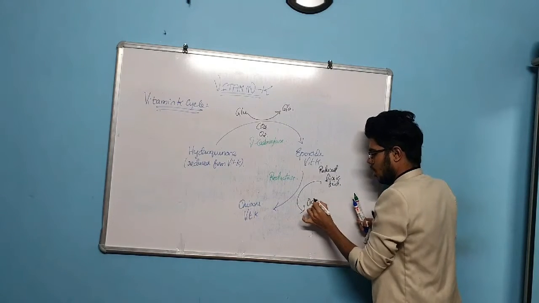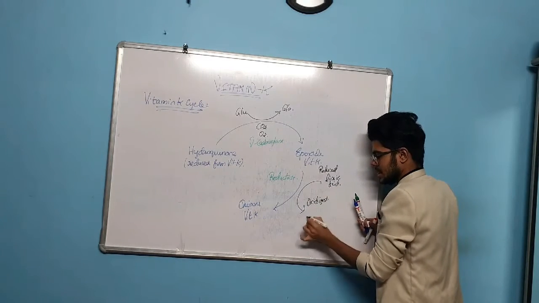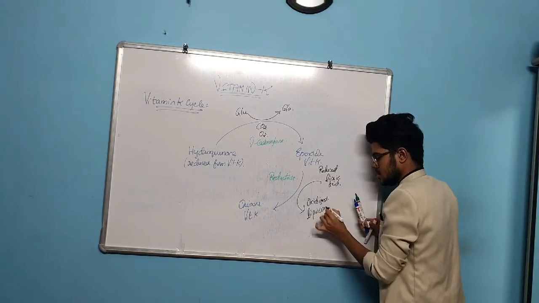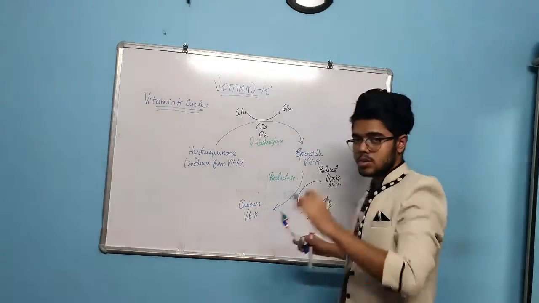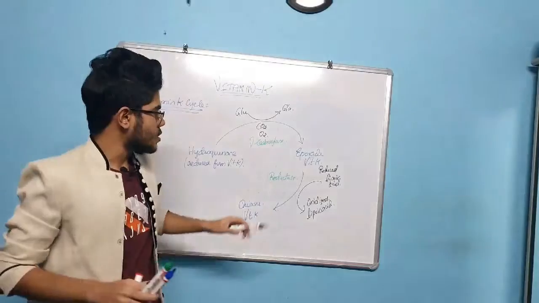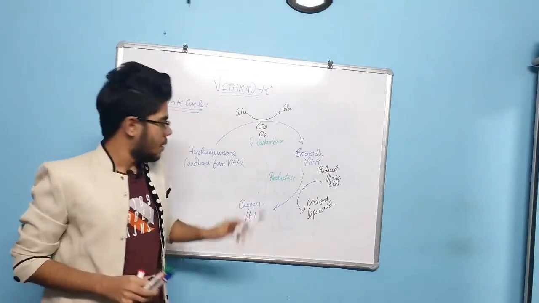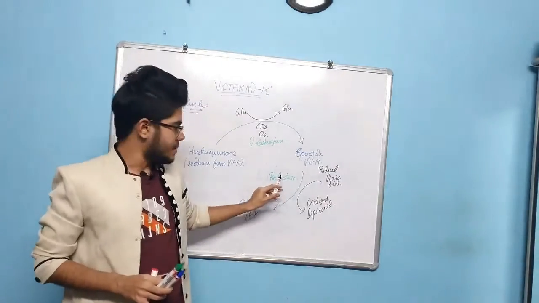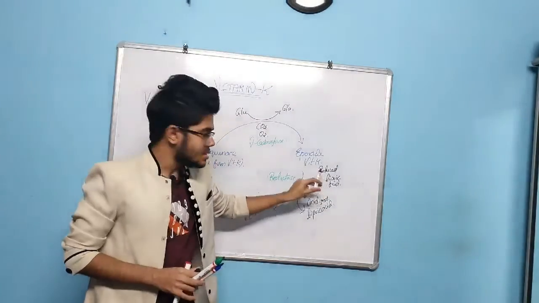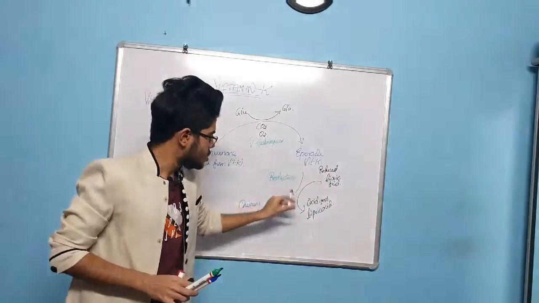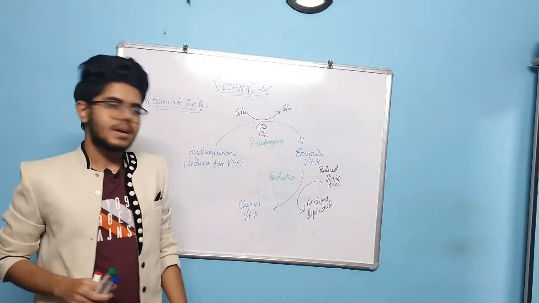to oxidized lipoic acid. So what I am saying is, this epoxide vitamin K is converted into quinone vitamin K by the enzyme reductase, NADPH reductase, through which reduced lipoic acid is converted into oxidized lipoic acid.